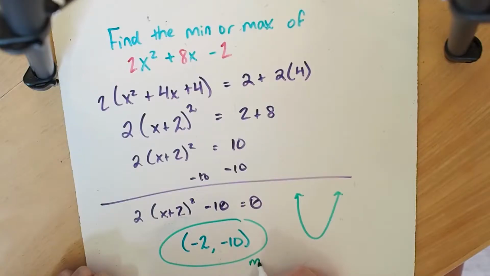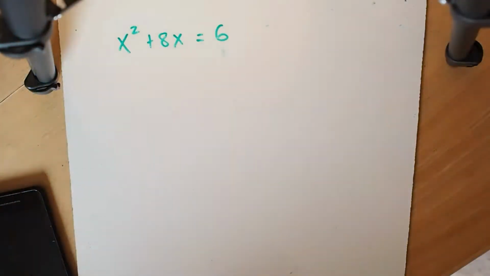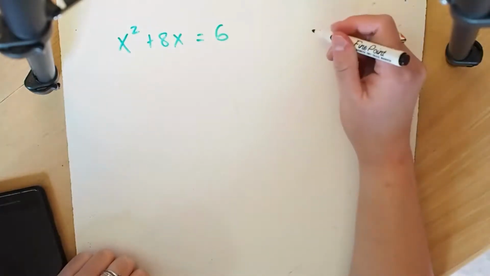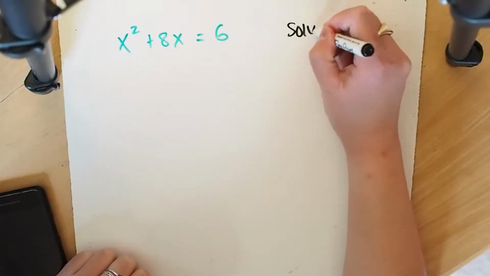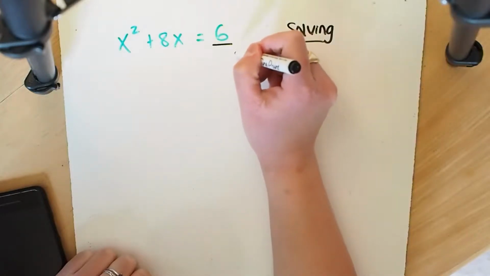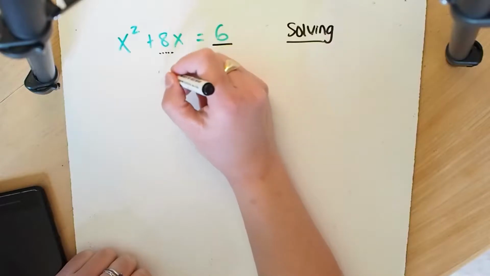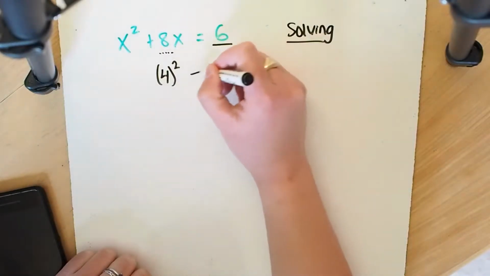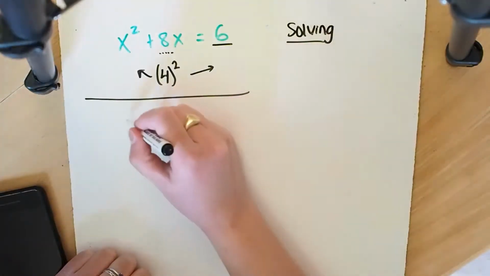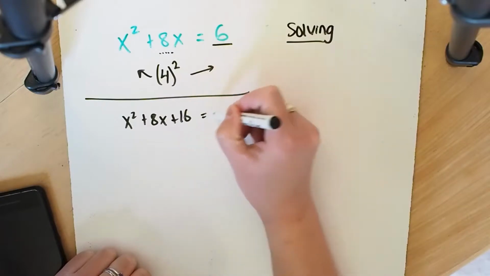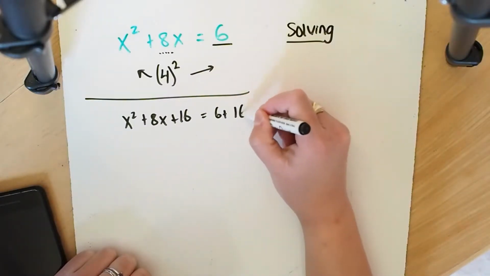Just for good measure, I'm going to do one last example of solving an equation using completing the square. In this case, I'm solving; I'm not finding a min or a max. I see that c is already moved over to the right side, so I don't have to do anything with it. Then I look at b, divide it by 2, and square it. Then I add that number to both sides. So I'll get x squared plus 8x plus 16 is equal to 6 plus 16.